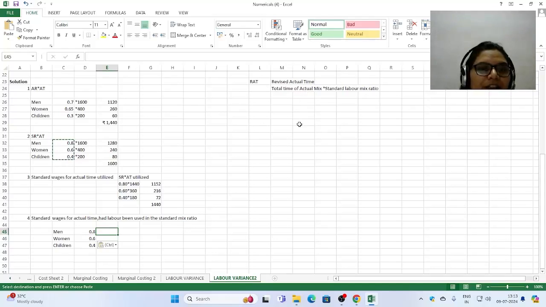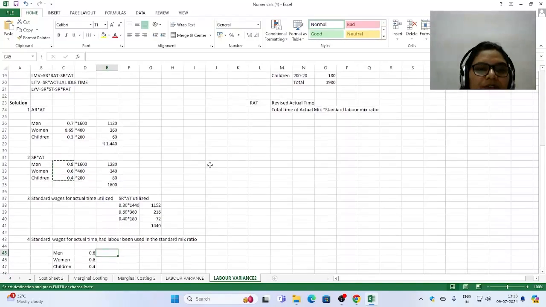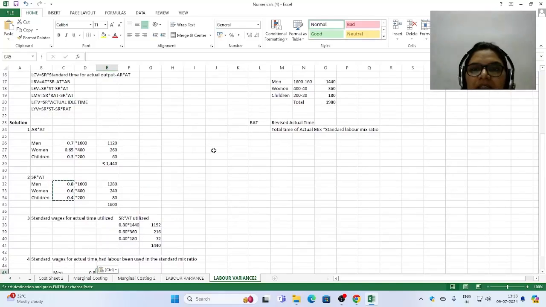Total time of actual mix, if you can see, is 1980. Actual time utilized is the actual time you have used. And by mix, we mean we need to add the time of men, women, and children.